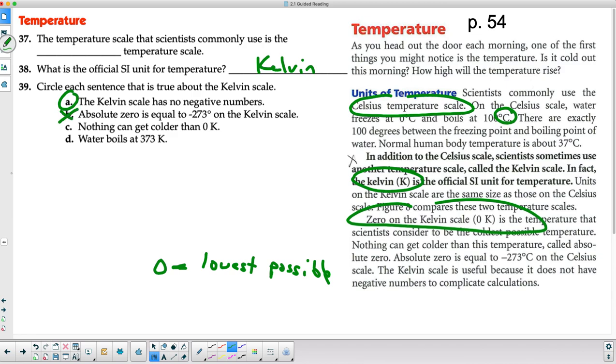No, that's not true. Nothing can get colder than 0 Kelvin. That's true. And water boils at 373, and that is also true. Water freezes at 273 Kelvin because that's equal to 0 degrees Celsius. So that means that 373 Kelvin is equal to 100 degrees Celsius. And that's the boiling point, so that's correct.